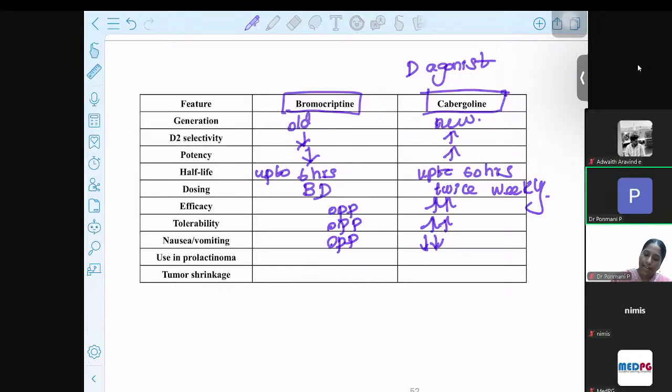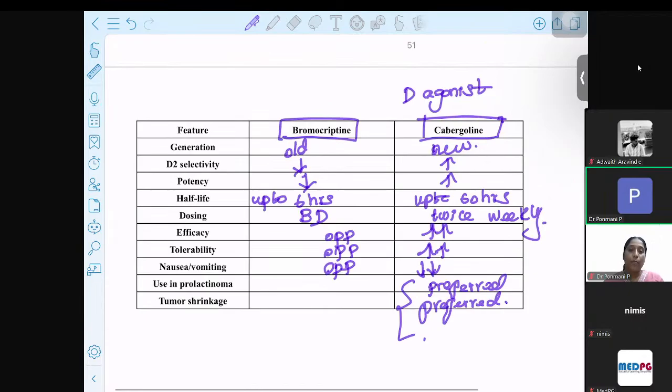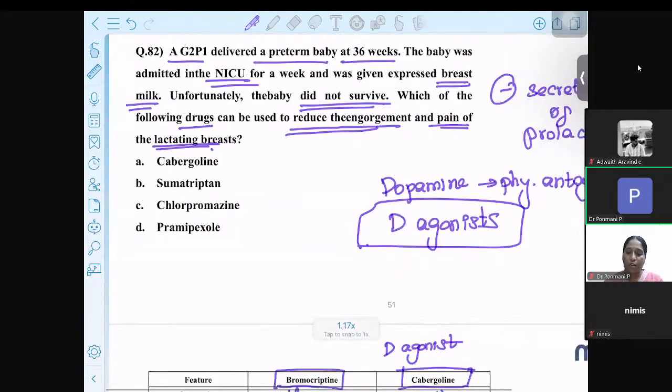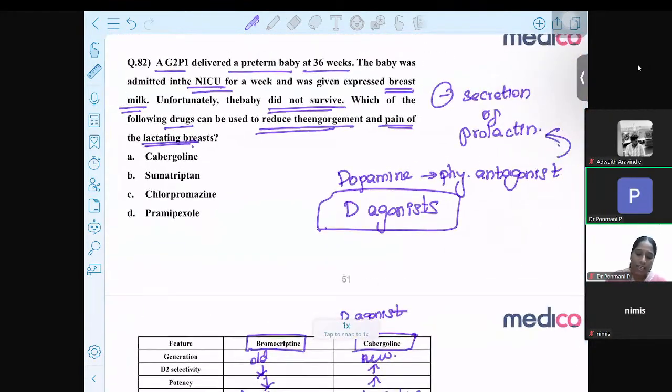And use in prolactinoma, cabergoline is more preferred. Tumor shrinkage also, it is more preferred. Prolactin secreting tumors also, cabergoline is more preferred. So what is the dopamine agonist which you are going to give to reduce the prolactin secretion here? It is cabergoline.